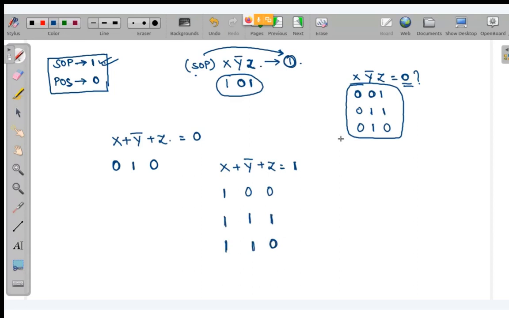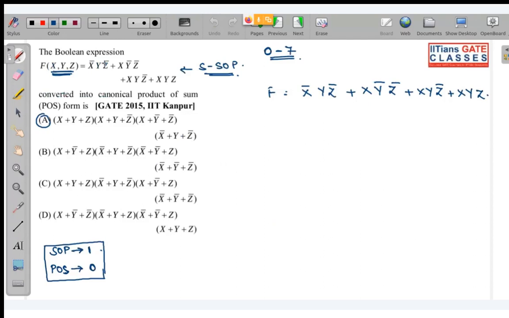So here you can see in a POS term, the uniqueness is in 0. So for SOP, uniqueness is in 1 and for POS, uniqueness is in 0. Tell me if this is clear or not. So why do we usually search for 1 in SOP and for zeros in POS? This is now hopefully clear to you. If there is any doubt, you can ask.